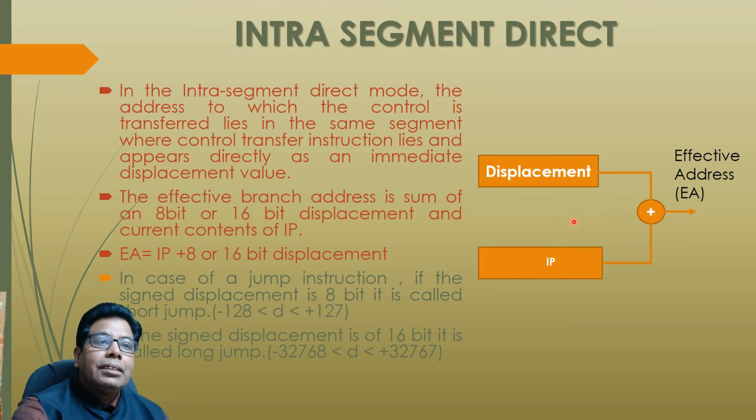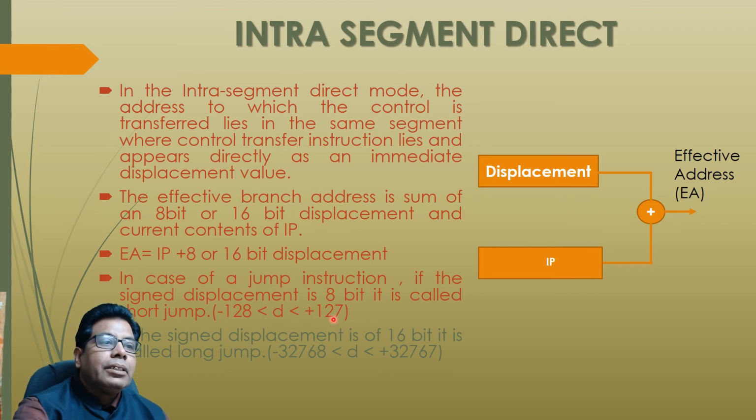So you can see the figure. IP and displacement are added, and that gives us the effective address. So here, if you are considering the jump instruction, if the signed displacement is 8-bit, it is called the short jump. If the signed displacement is 8 bit, that means the range will be minus 128 to 127.